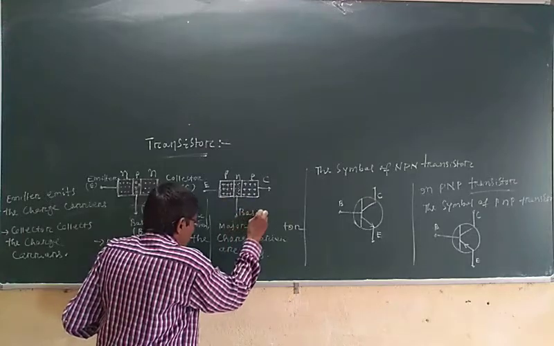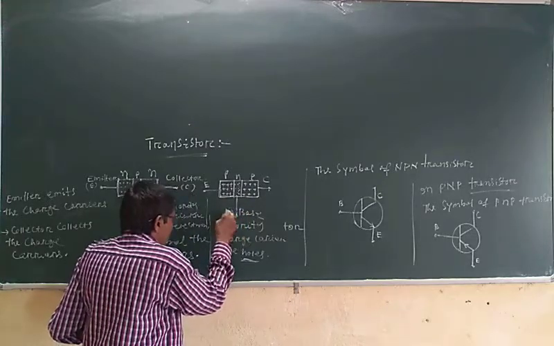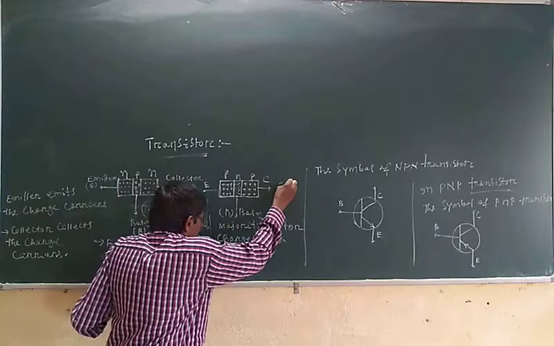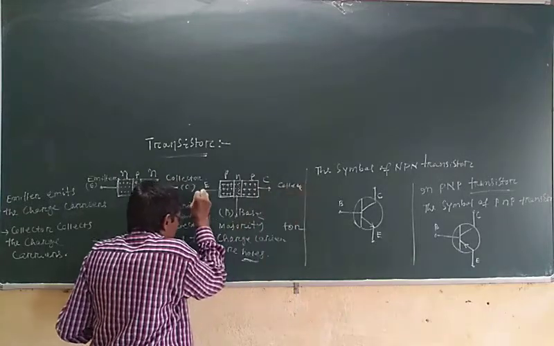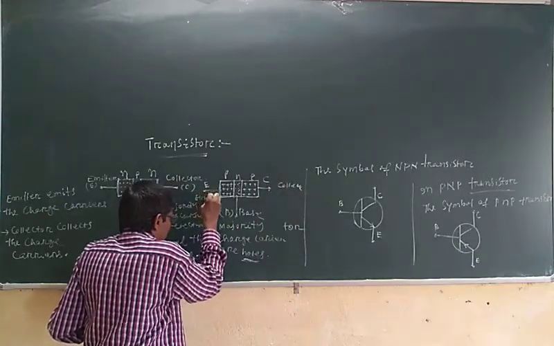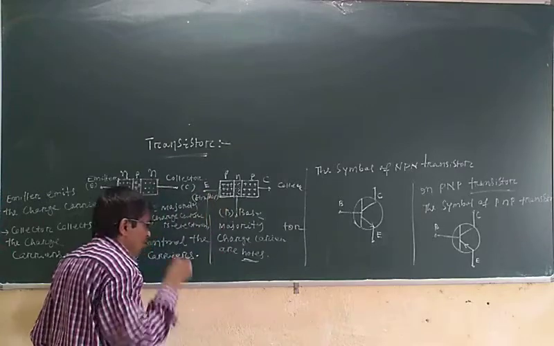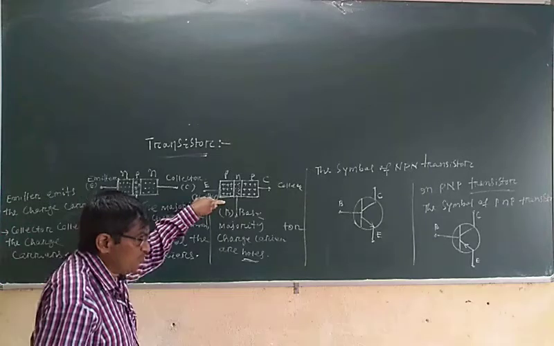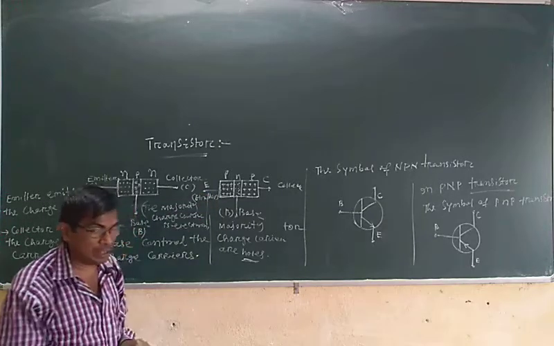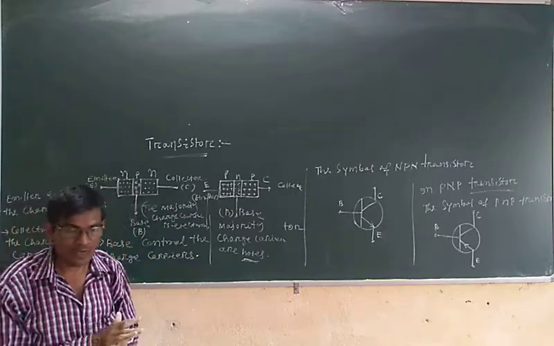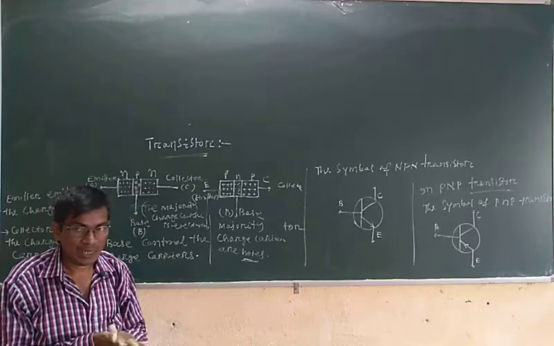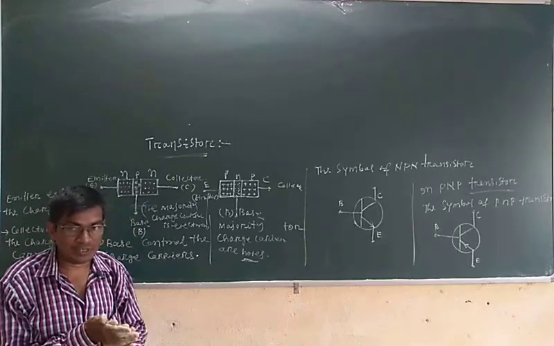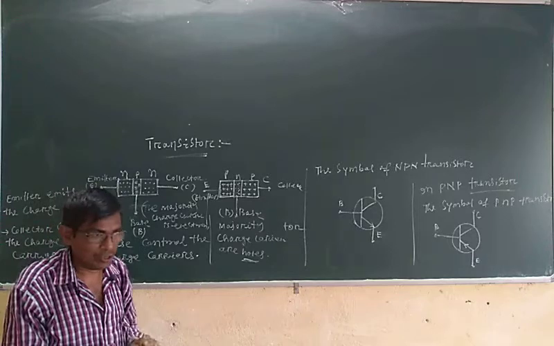That is the base B, that is the collector, and that is the emitter. The holes are the majority charge carriers in a PNP transistor, but in an NPN transistor the majority charge carriers are free electrons.